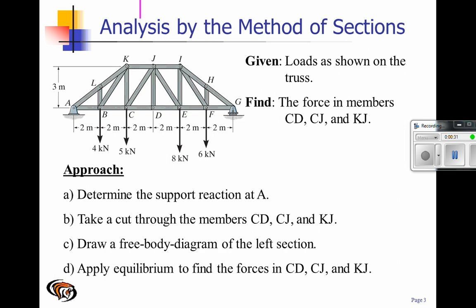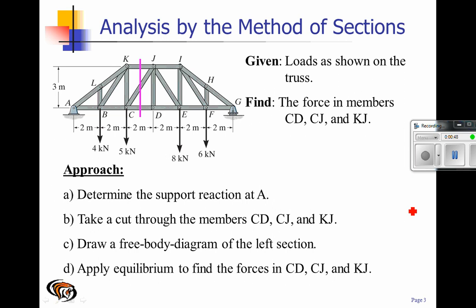The first thing we want to do, since we cut through members KJ, CJ, and CD, is find the reactions. If we don't find any of the reactions, we would end up with more unknowns than we have equations of equilibrium.